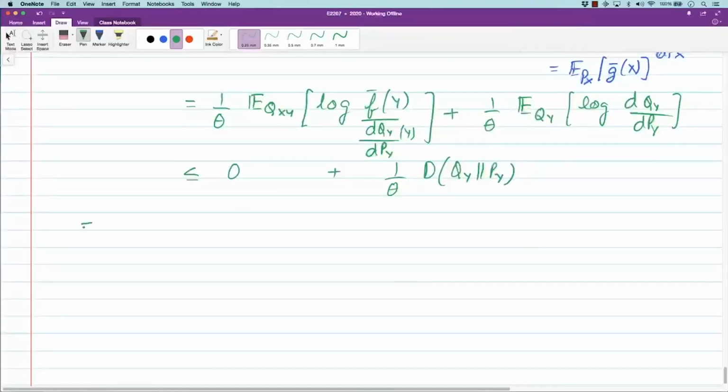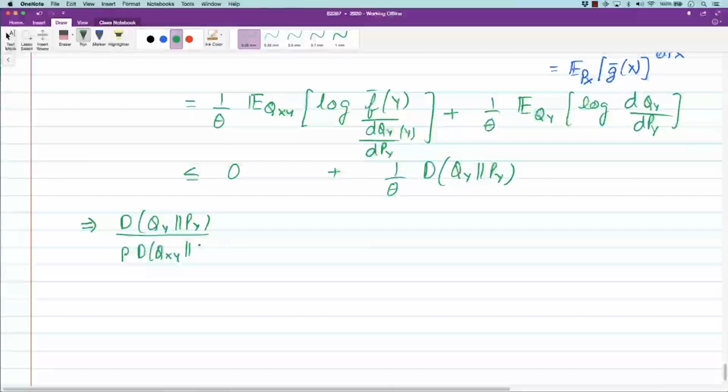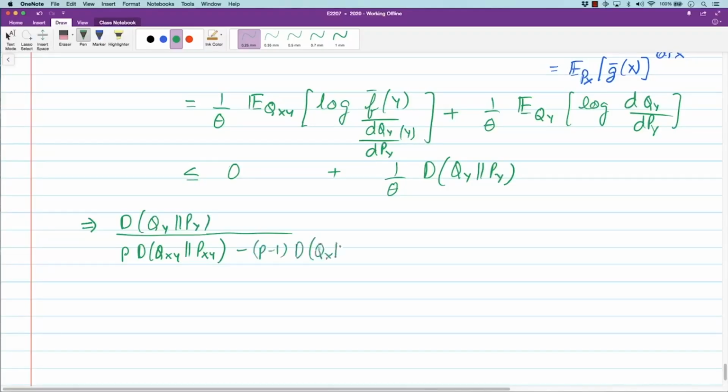So we get that d qy py by p into d qxy pxy minus p minus 1 d qx px is greater than or equal to theta, which implies that kappa p xy is greater than or equal to theta.